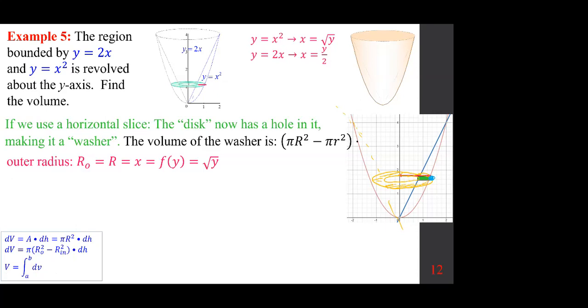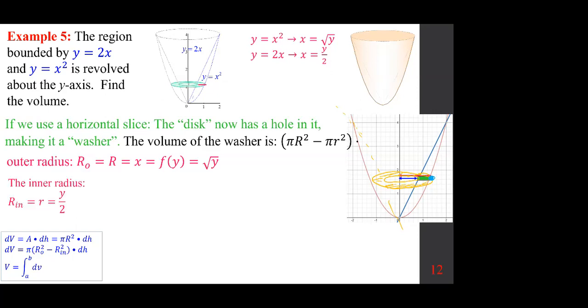And here's the inner part. Look at the blue one. Here's the inner part. The x coordinate of the line, everybody, is R in, the inner radius.